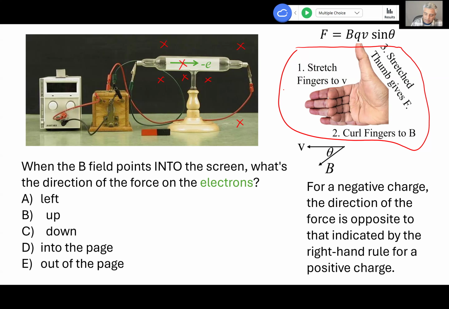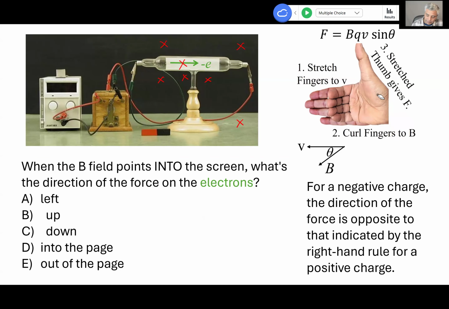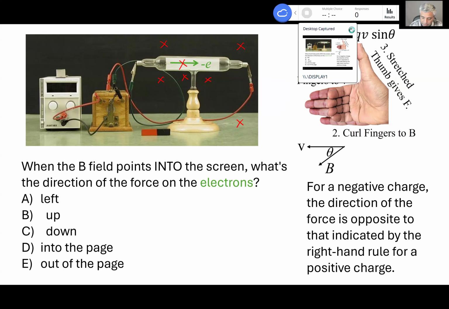And this basically shows you how to orient your fingers. You start first with your fingers straight, just like we had here, and then you start curling, okay? Now I'll let you do it. And notice this is an electron, not a proton, not the positive charge.